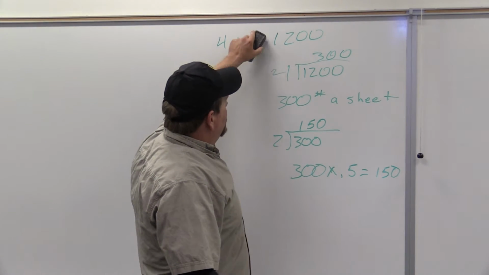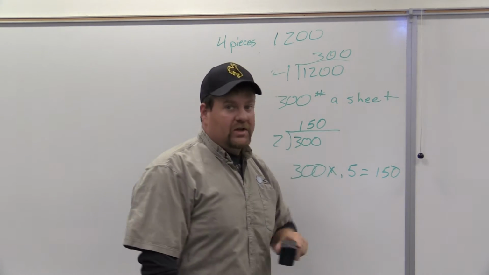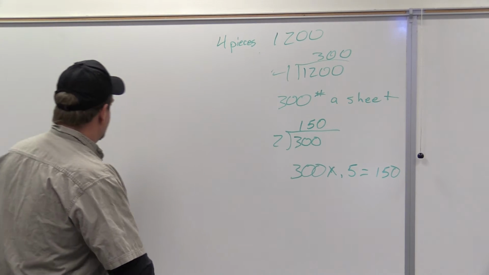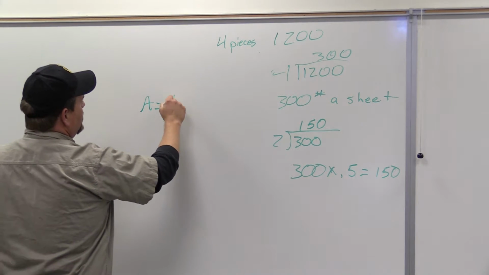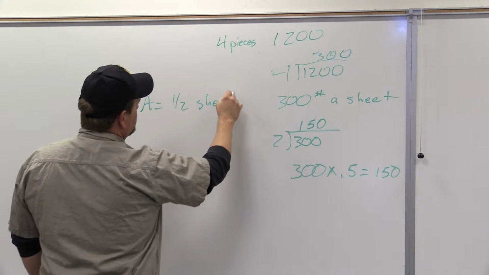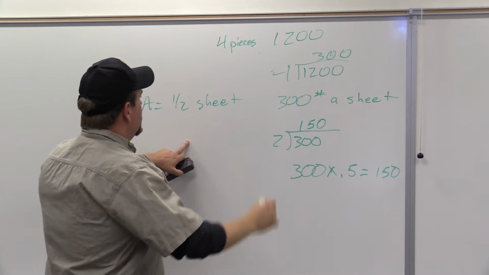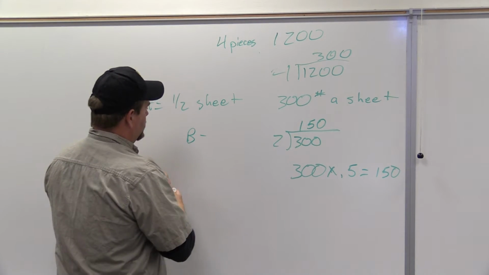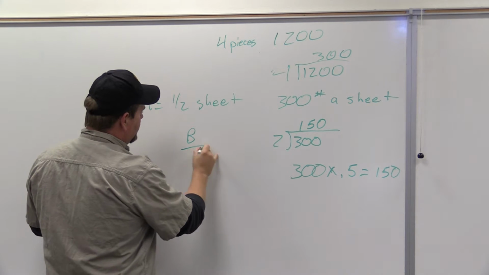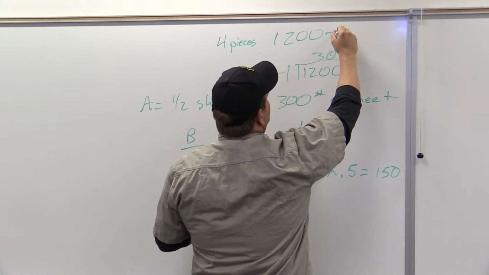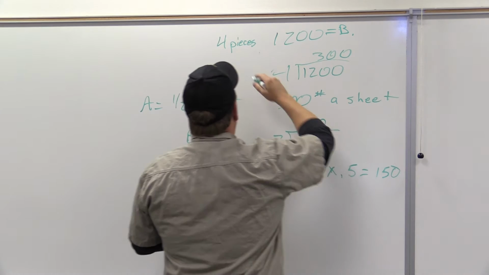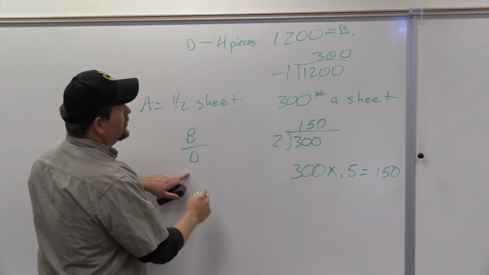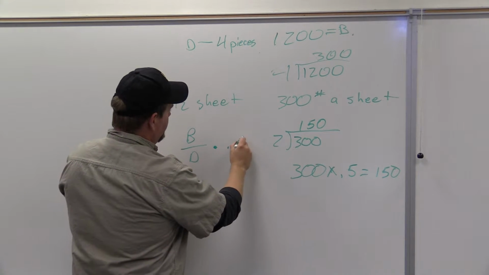So what I did is I just broke it down into pieces. But this is an algebraic equation. Okay, you need to figure out what A is. A is equal to a half sheet. In order to figure that out, we need to know B divided by D. So right here, this is B, this is D, times 0.5.